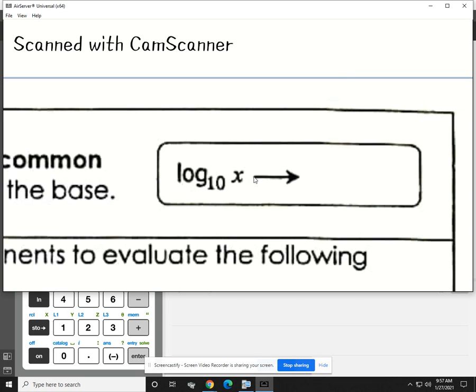Okay, it's called E. And E, which is termed Euler's number, is about 2.71828. And it has its own logarithm. They call them natural logs. We're going to talk about those later.